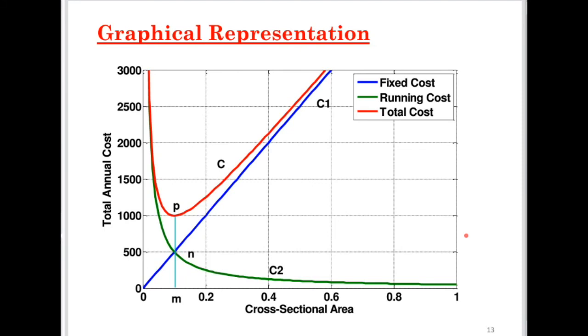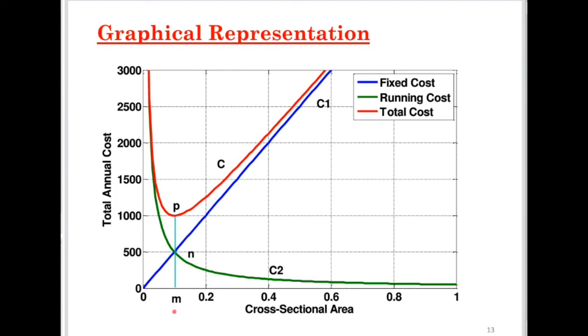Now C1, the fixed cost, was directly proportional to the conductor cost, and hence the cross-sectional area of the conductor, meaning C1 was equal to K1 times A. And when it came to the running cost, the cost of energy wasted in the line is inversely proportional to the cross-sectional area of the conductor, meaning it was K2 over A.